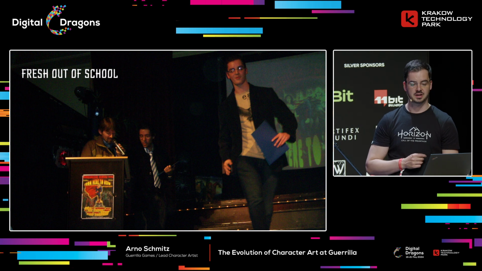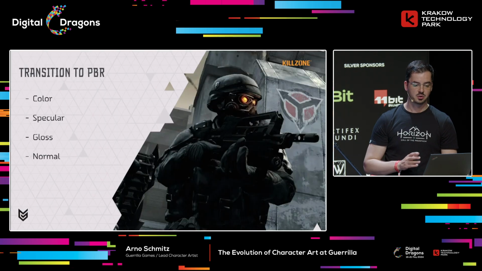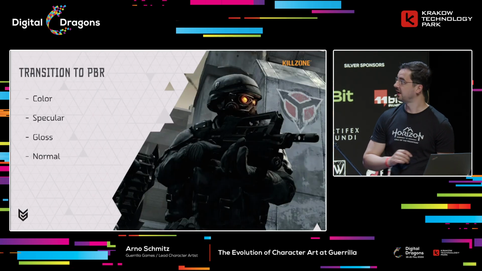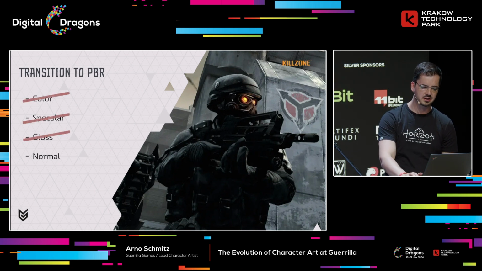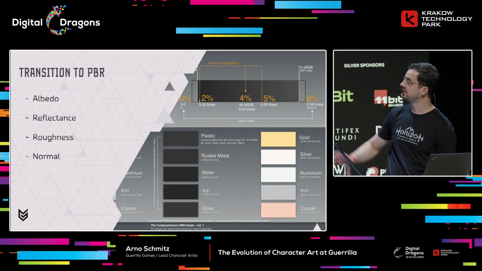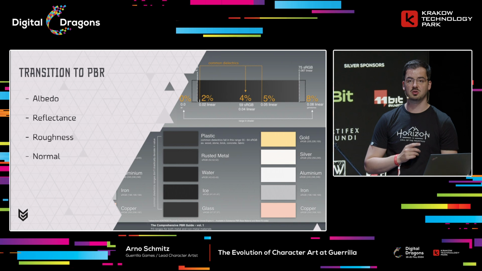But the main thing that did change was the introduction of physically based rendering, PBR. These were the terms I was familiar with back in the day: color, specular, gloss, and normal. Then suddenly we transitioned to PBR, and we were talking about things such as albedo, reflectance, roughness, and normal. All these concepts are a lot more physically based.